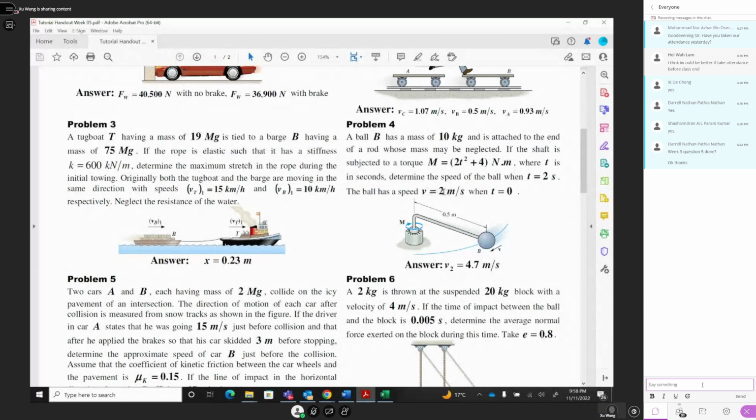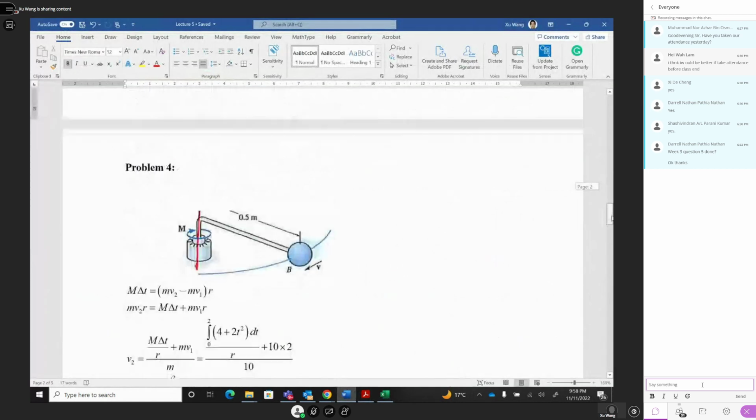So mv, multiplied by this distance, is the angular momentum at the beginning. And after 2 seconds, m times v2 times this radius becomes the second angular momentum. So the second angular momentum minus the beginning angular momentum equals M times t. That's how you solve this problem. So we go to this one.